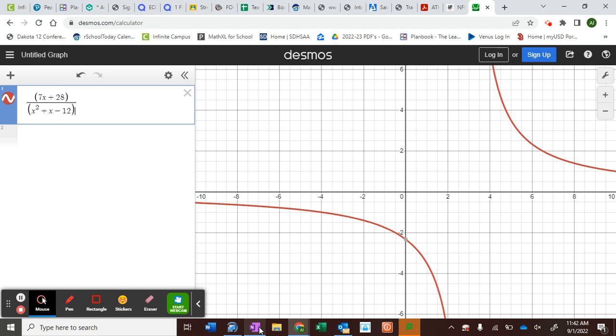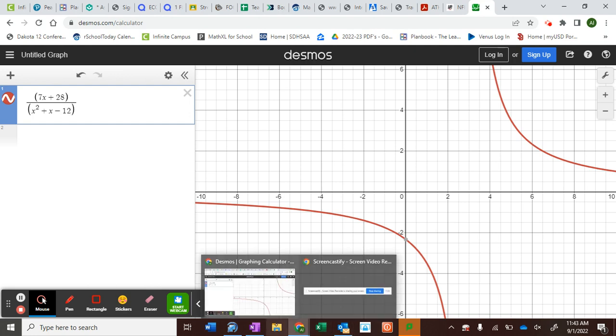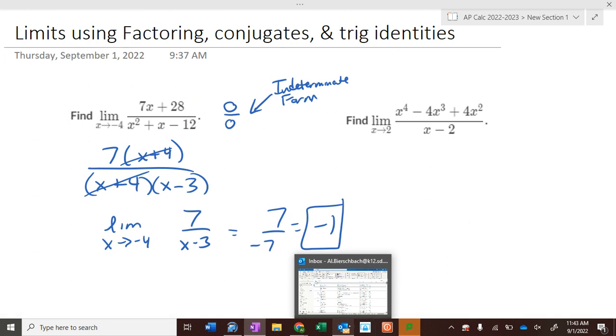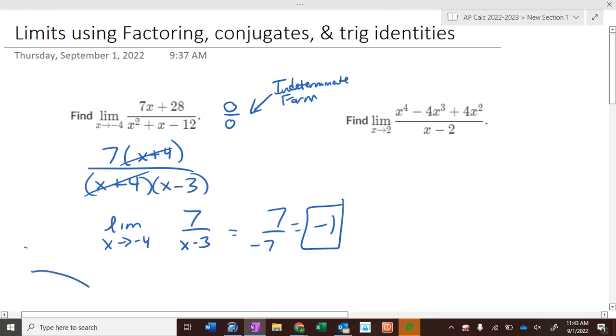As we approach, where were we approaching? Negative 4. Where is this approaching from both directions? Negative 1. Since in the graph, as it goes down like that, there's a hole in the graph. Desmos just doesn't show that hole, but there's a hole in the graph there.